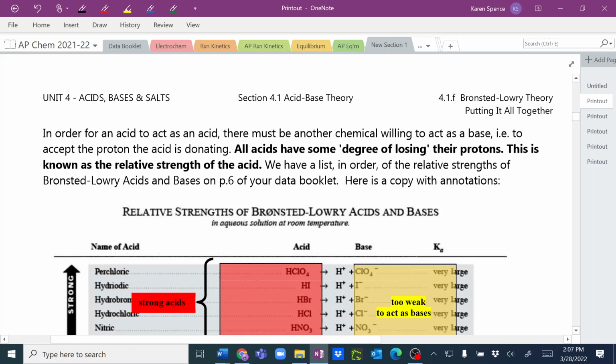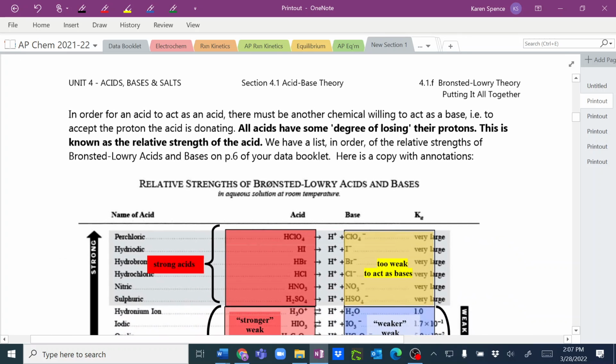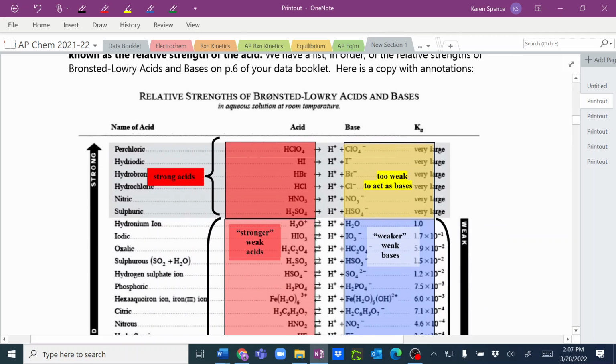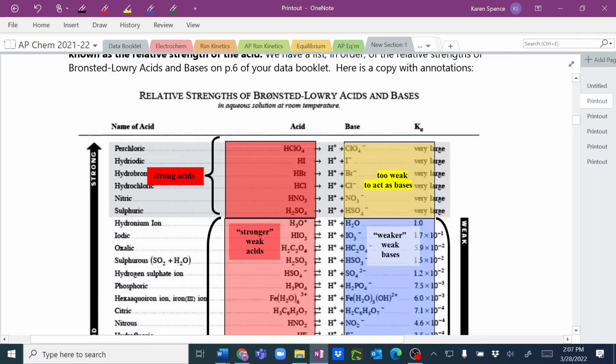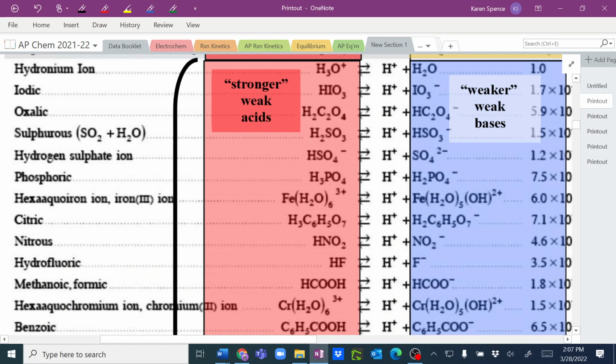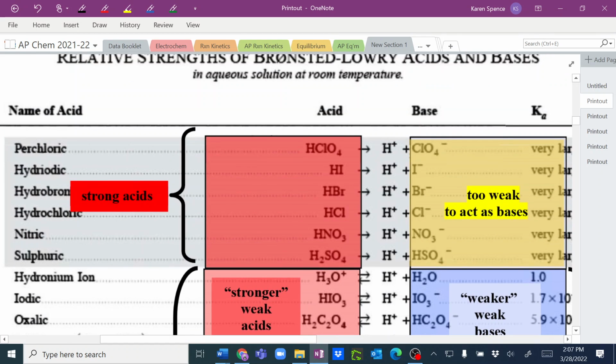And on your data booklet in page 6, there is a table, okay? And we have some annotations on here. So the gray area at the top of the table, that is where you find your strong acids, okay? And if I could print this out for you in color, I would, because the red is for acid, right? And the blue is for base, and then the yellow is for I don't do either of those things, yes?